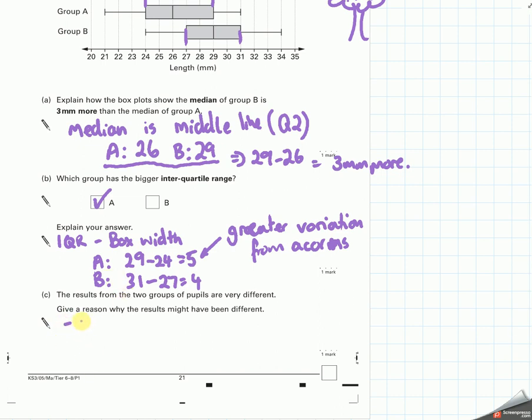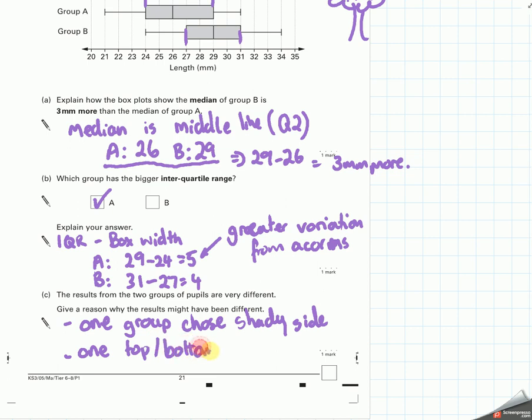So one reason, one group may have chosen the shady side, and that's enough reason for one of them. Or maybe one group chose top or bottom.